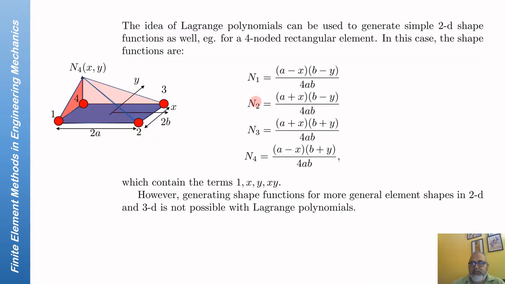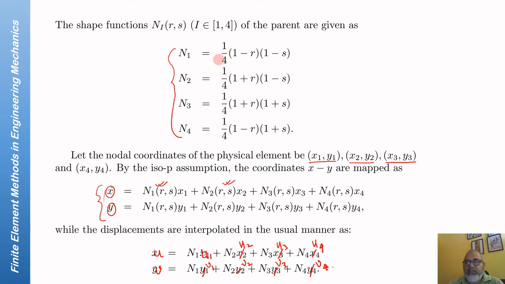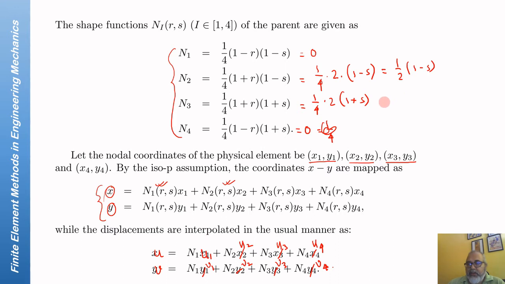If you go back to this and put r equal to 1, N1 becomes 0, N4 becomes 0. N2 becomes 1/4 into 2 into 1 minus s, and N3 becomes 1/4 into 2 into 1 plus s. So this would be half (1 minus s), and this would be half (1 plus s).